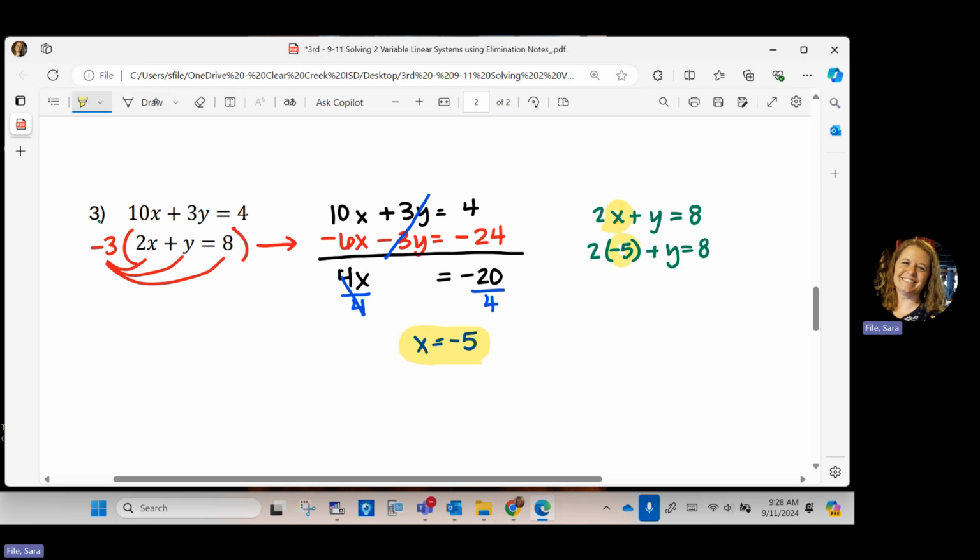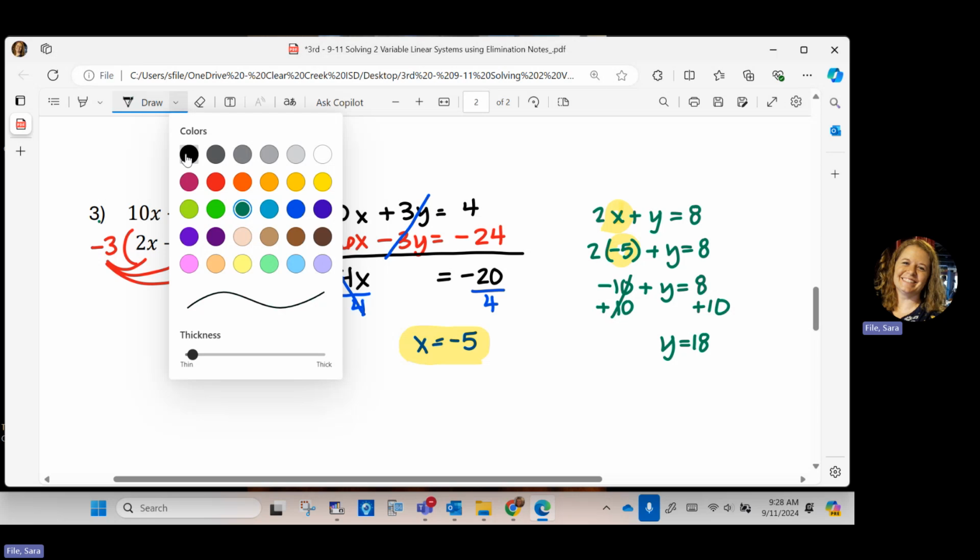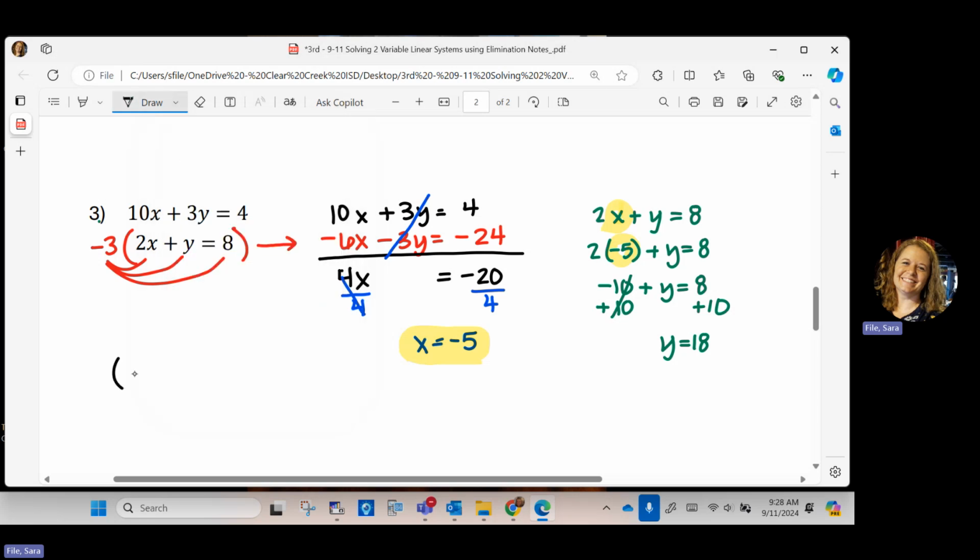That becomes negative 10 plus y equals 8. Then I would add that 10 over. So I've got my x, I've got my y, so the coordinate would be negative 5, 18.